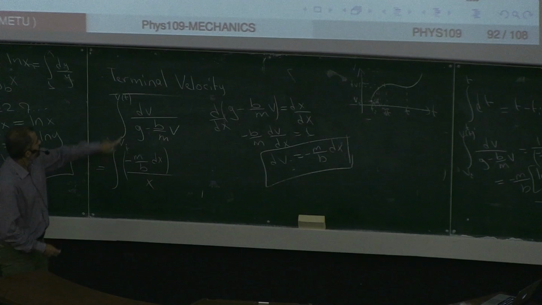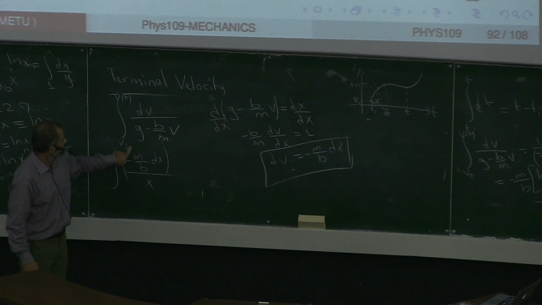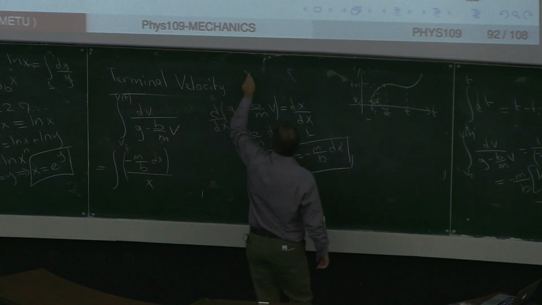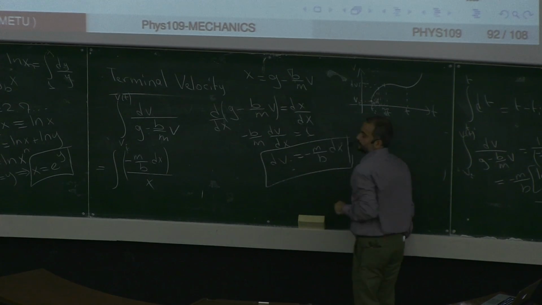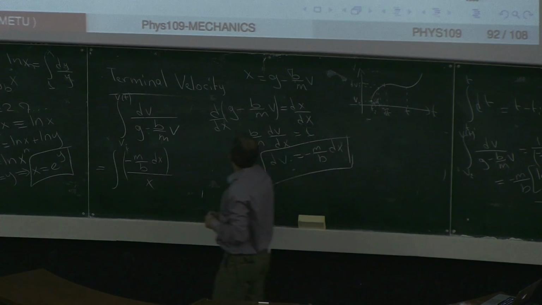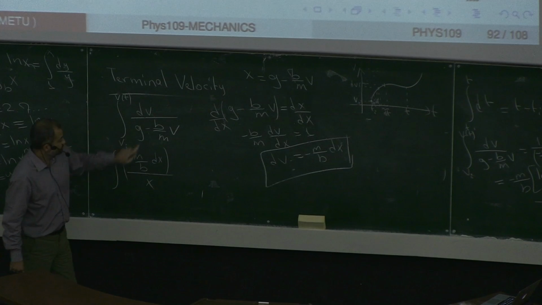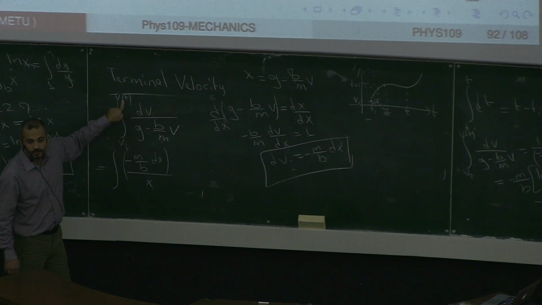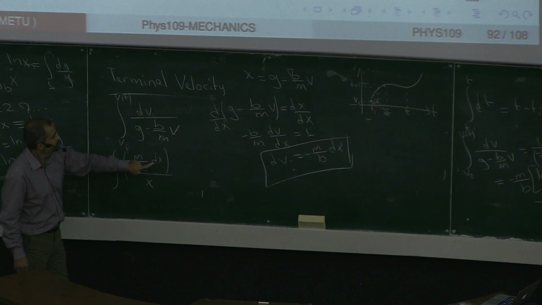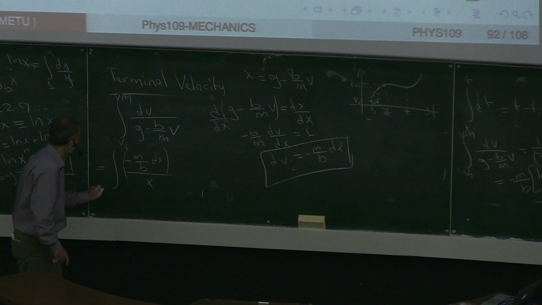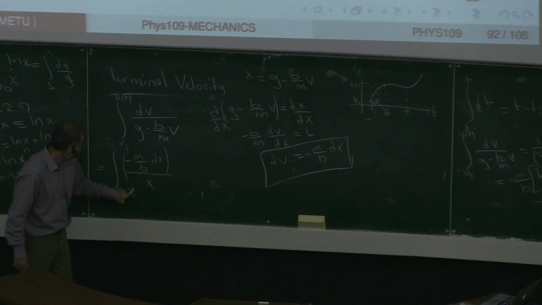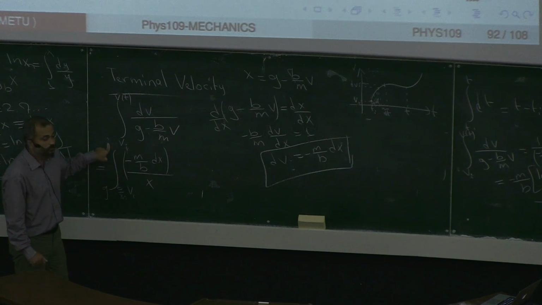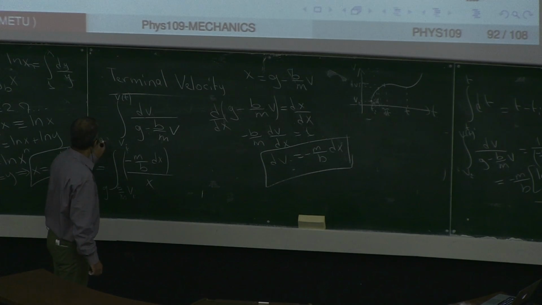Now the other thing is v is changing from v initial. Well, let me write it again. This is the definition of x, g minus b over m v. So as v goes from the initial velocity to the velocity at time t, x will change from g minus b over m ve up to g minus b over m vt.